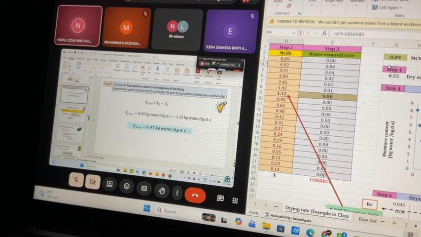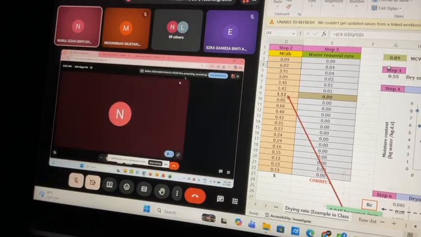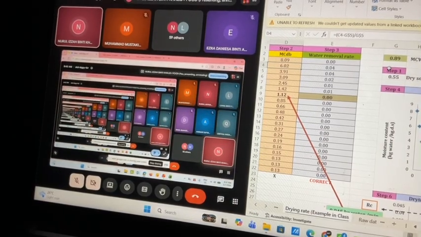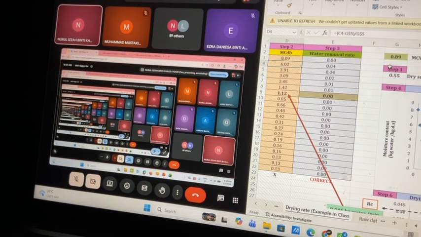So any questions related to our example? Okay, if you do not have questions, we can try. You can try this example. I give you around 10 minutes.